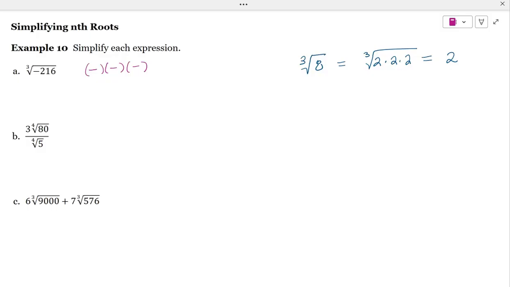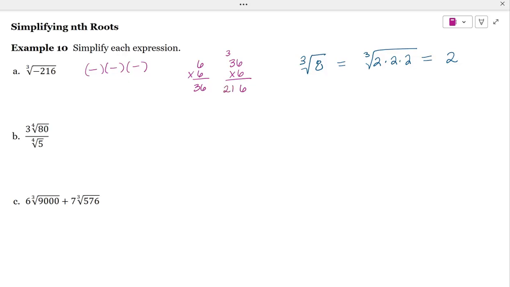So I know that I'm expecting that the number I'm looking for is going to be negative overall. And so I just need to think through what number multiplied by itself 3 times would give me 216. And I think the answer is 6. 6 times 6 would give me 36. And then if I multiply 36 by 6 again, let's see, 36, carry the 3.